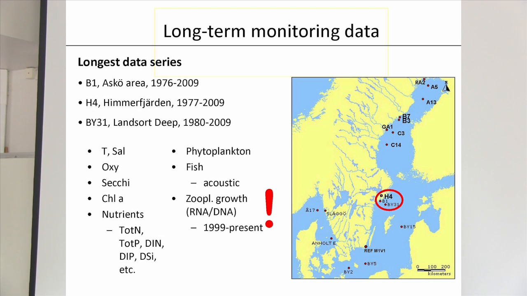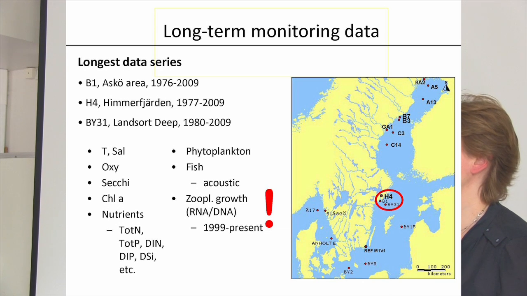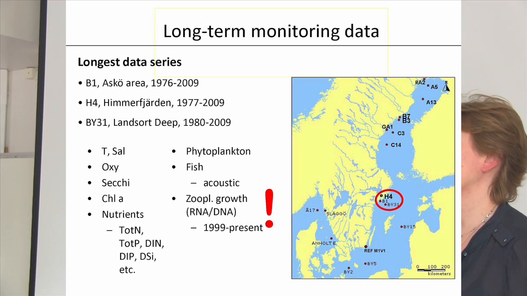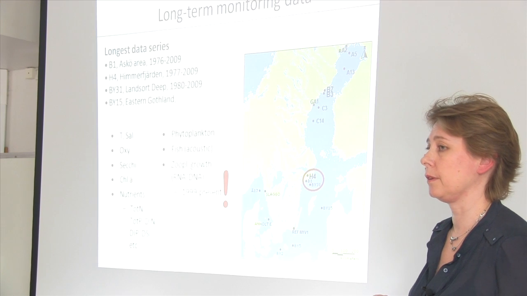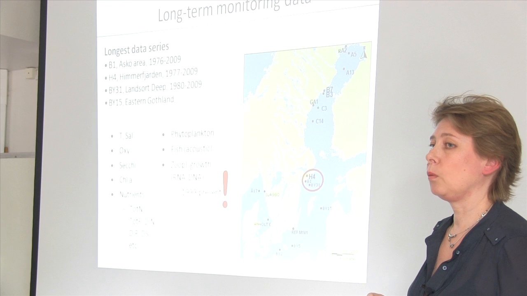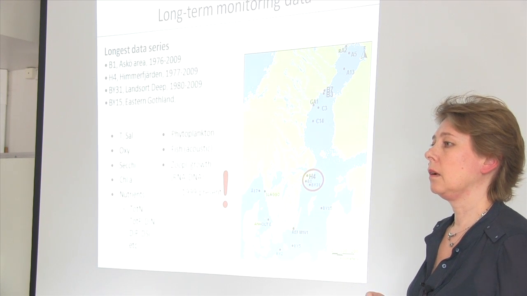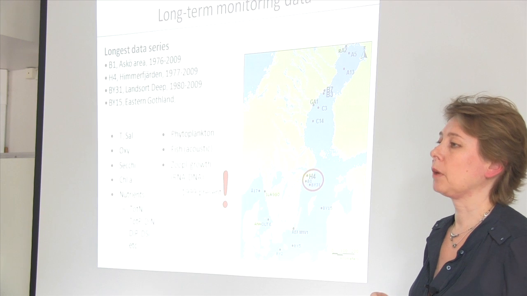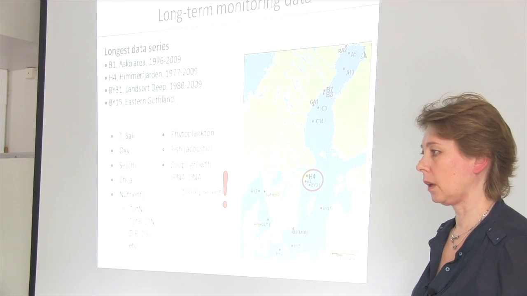From 1999, we have also been collecting an environmental specimen bank, which means that those are samples preserved or frozen, now they are frozen, in a way that makes it possible to do biochemical or molecular analysis on the samples.